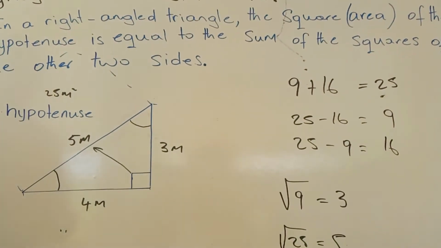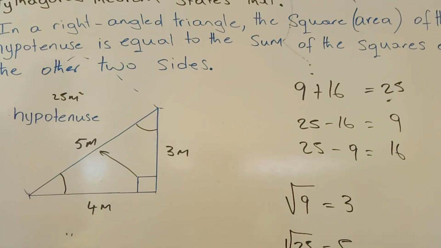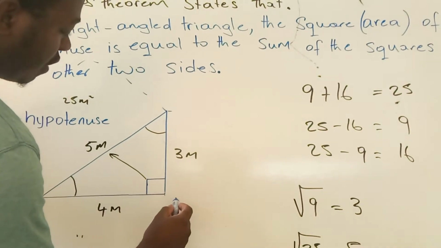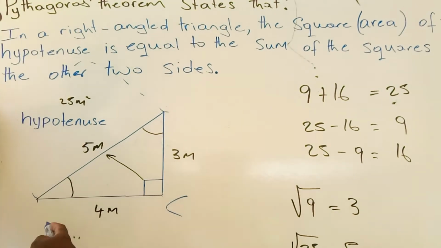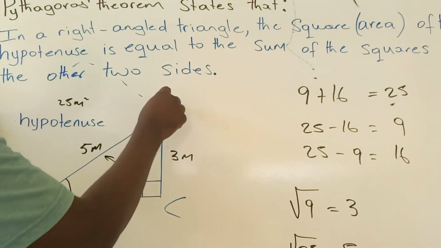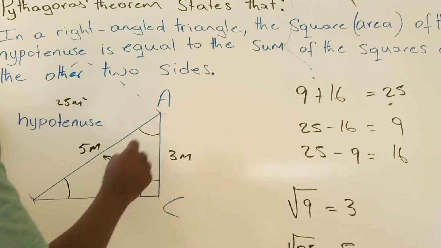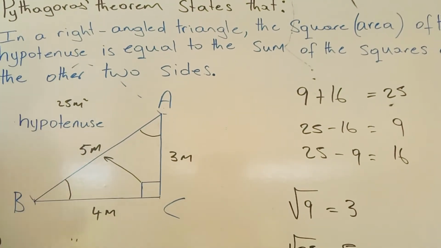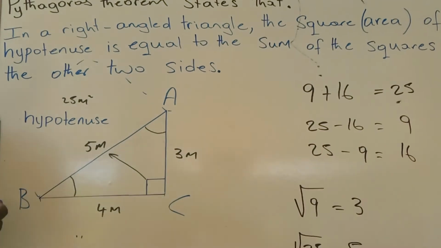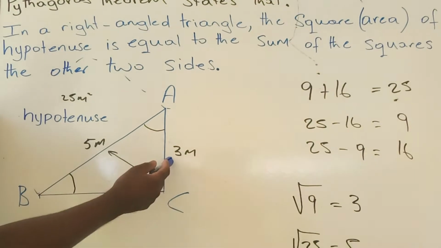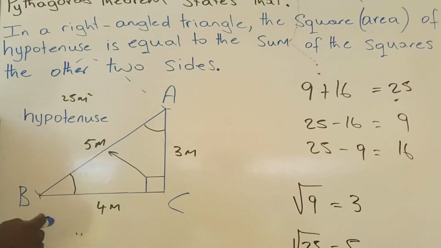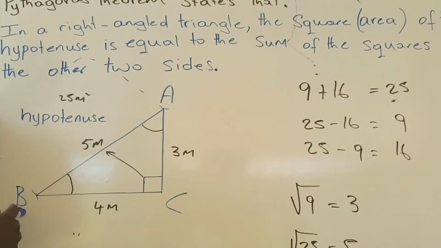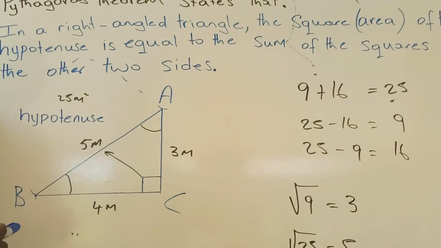Now, you would have always been taught a formula, right? So let's say at this vertex we have a letter, which is C. And here we have A, and at this vertex we have B. Now normally, how you name the side of a triangle, you give the side opposite the vertex the letter that the vertex has, but in lowercase.